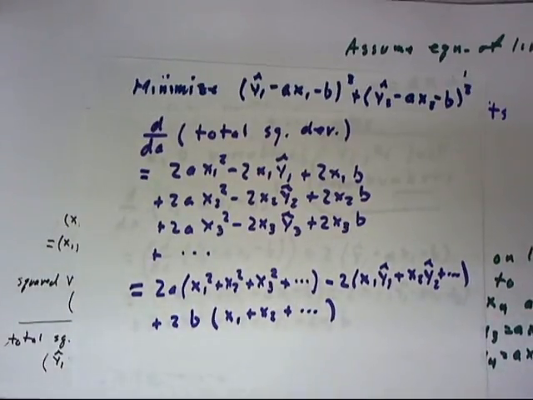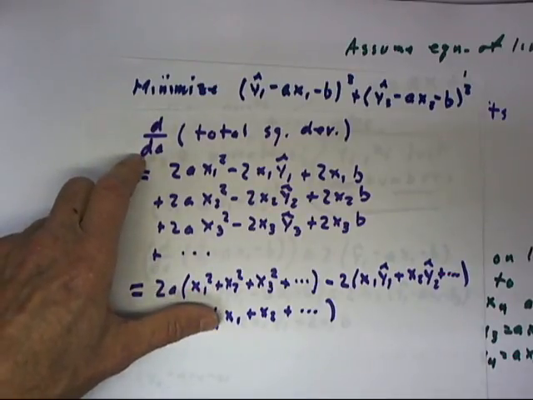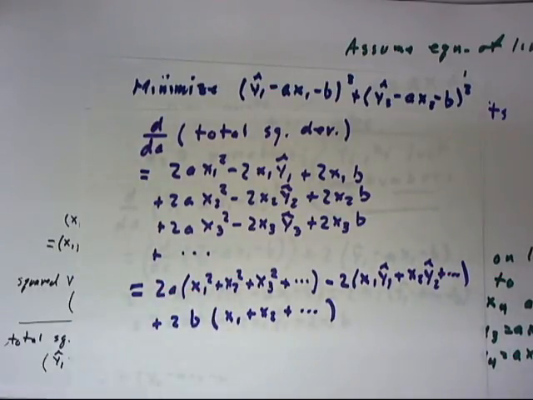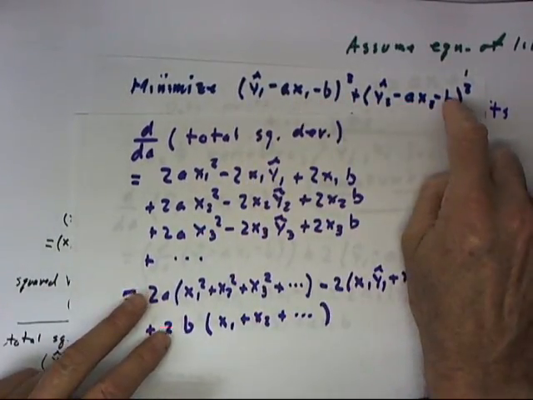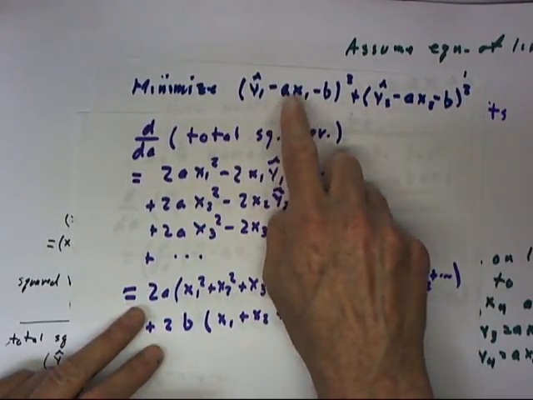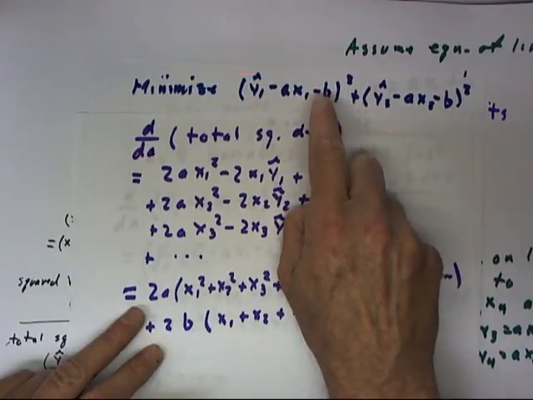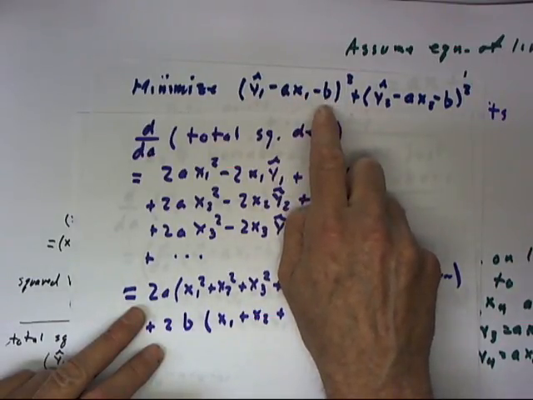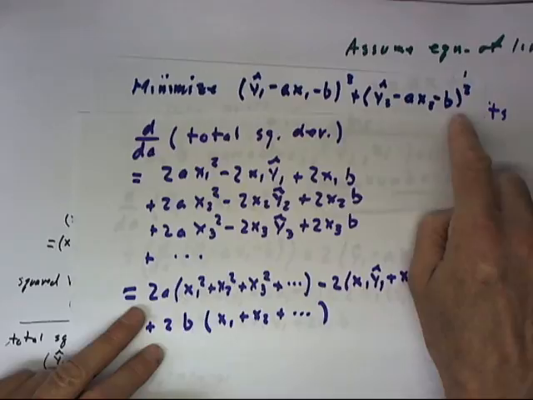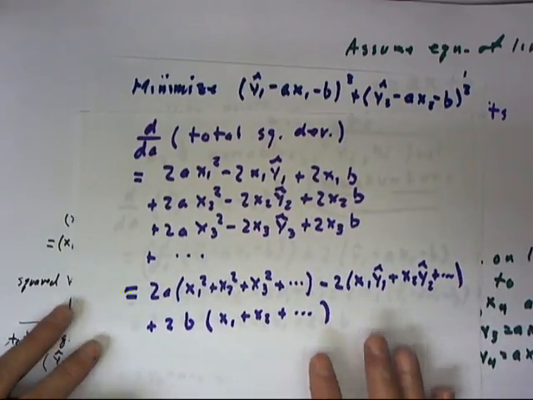That's this. Now, one condition for a maximum or a minimum is that the derivative with respect to each of the variables has to be 0. This total squared deviation is regarded as a function, remember, of a and b. We haven't yet taken its derivative with respect to b, although that's going to be fairly straightforward.